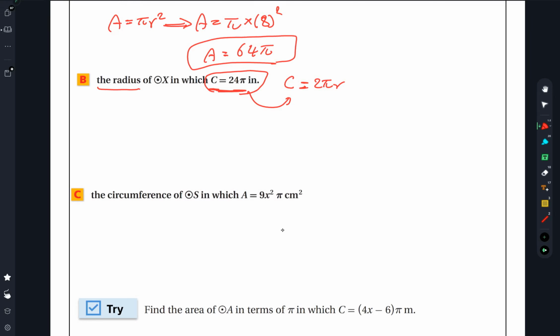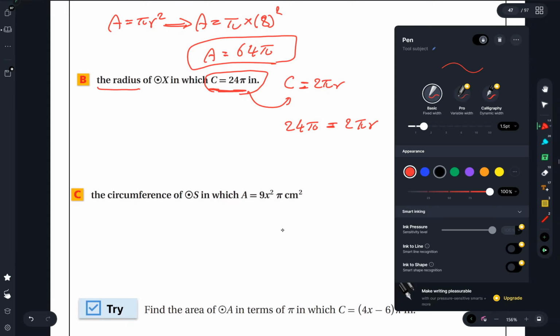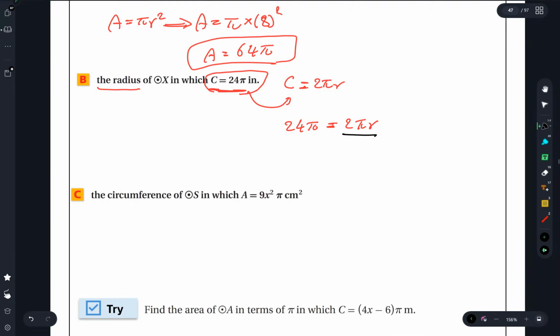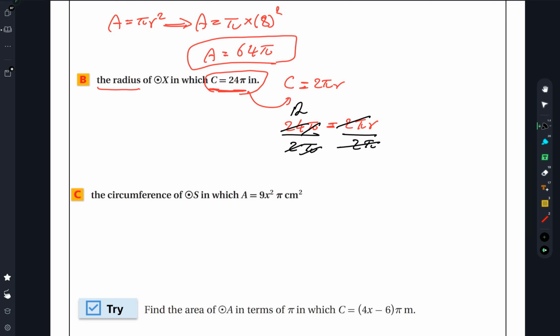So I will substitute 24 pi in place of C. I'm looking for r right now. So by cancelling 2 pi from both sides to get r by itself, 2 pi with 2 pi cancel out, pi with pi cancel out, and 24 divided by 2 is 12. So the final answer is r equals 12.